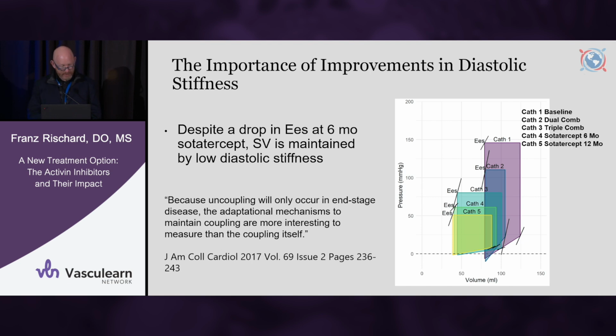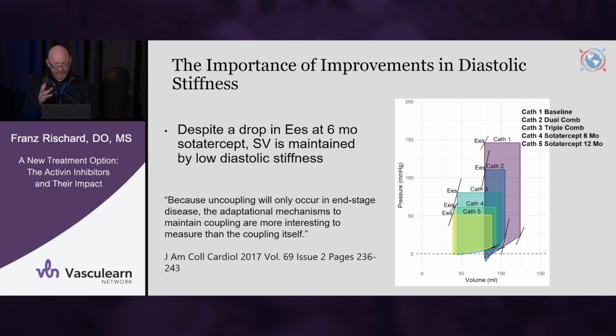Coming back to the important discussion then, although the contractility has dropped by 6 months, the stroke volume of the right heart, which you can see here, is maintained or increased. So how could that be if contractility has dropped? Well, what's also happened is that the diastolic stiffness of the heart, you can see by this line, has improved dramatically.